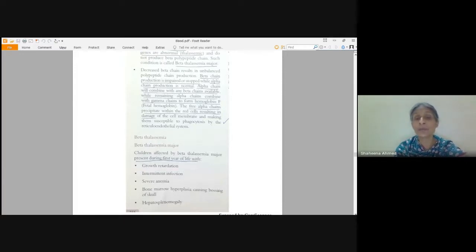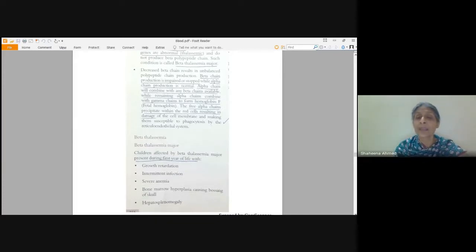Now, fetal hemoglobin is something which we can't use in our adult life, but as beta chain is not there, alpha chain will start combining with gamma chains to form fetal hemoglobin.